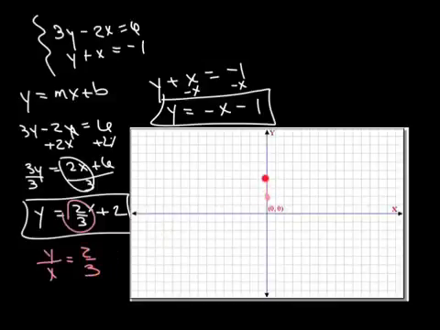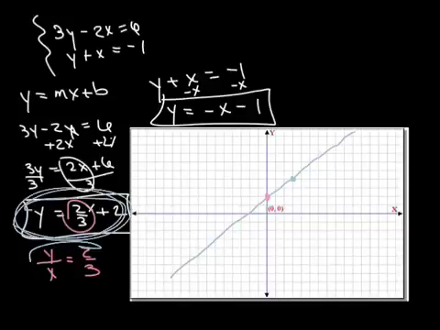So I go up 2, because that's y, over 3, which is my x, because they're positive. I went up 2, positive, over 3, positive. So that's my next point. Draw a line, and that's the line of this equation right here.